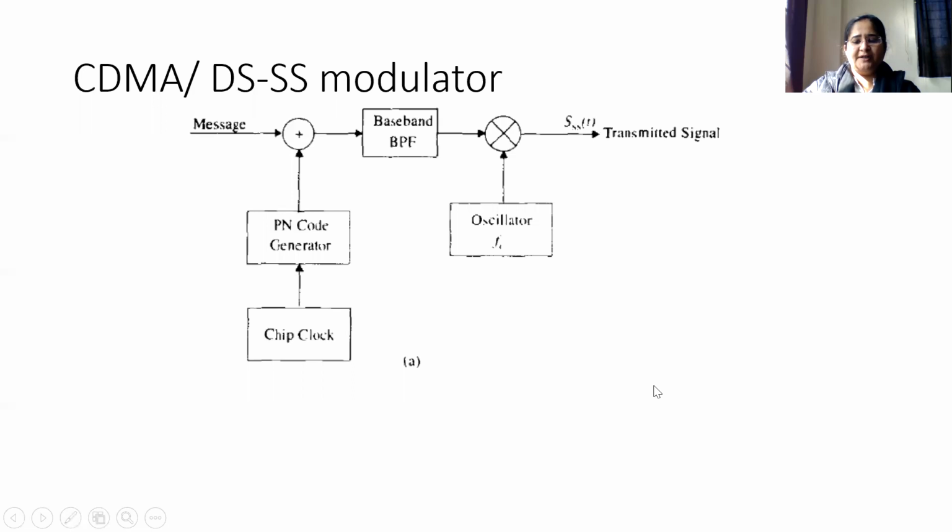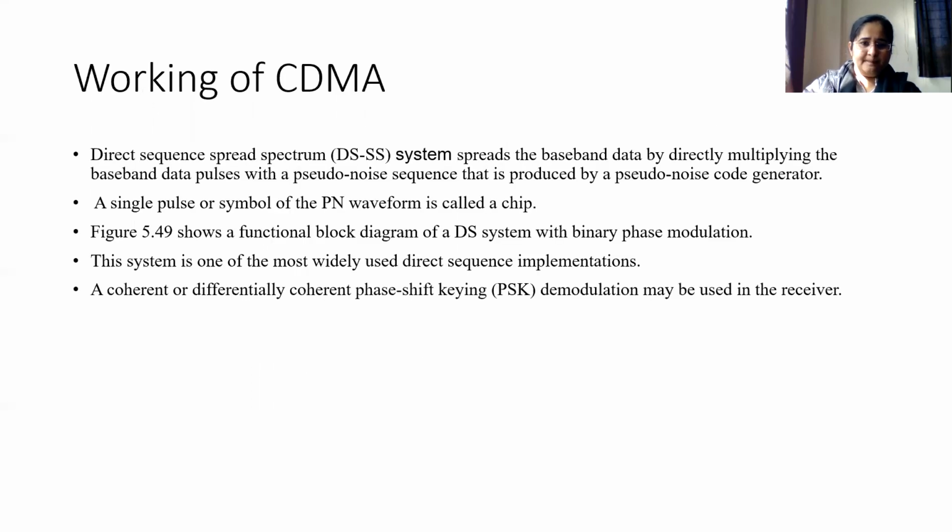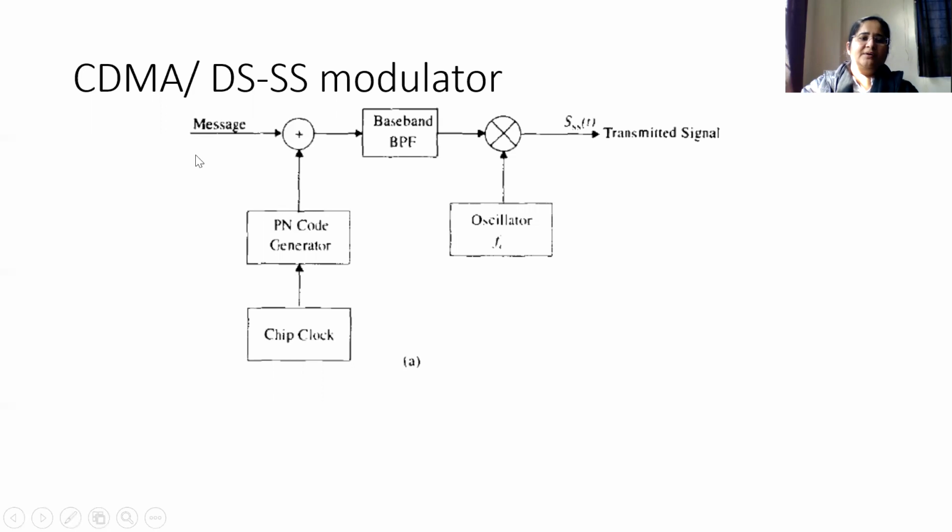This is a working block diagram, or the transmission diagram, of CDMA. What we actually do is multiply our message signal, that is our baseband signal, by the PN code. The PN code is generally a very large, random code, a pseudo noise code.